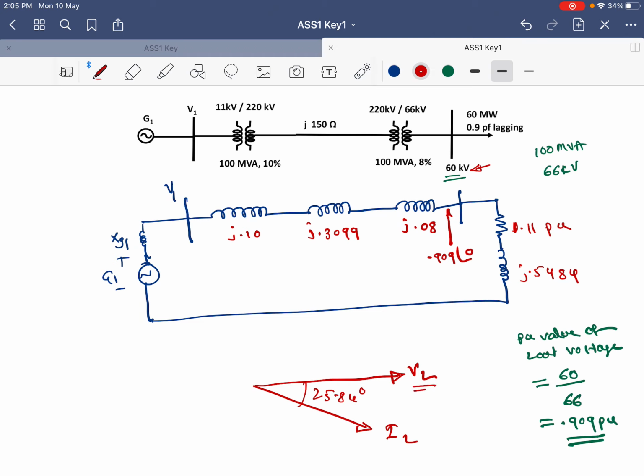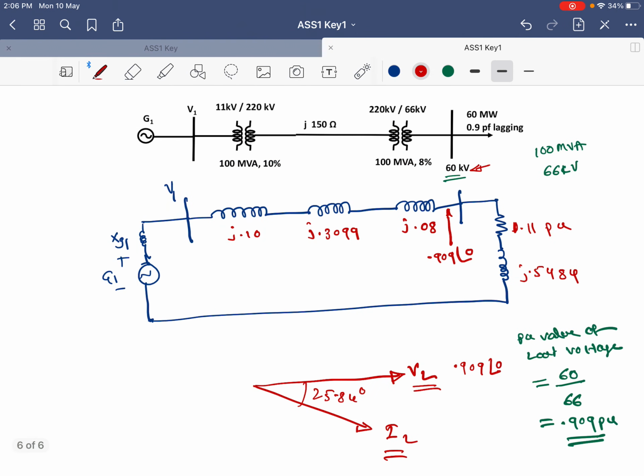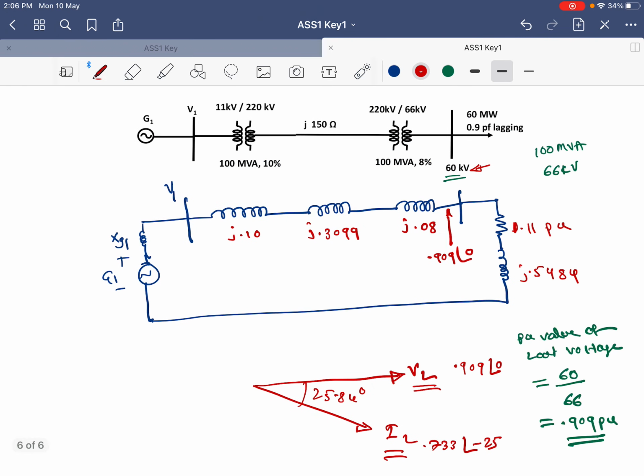Here VL and IL are expressed in per unit values. The voltage 0.909 is taken as reference, therefore its angle is 0, and the current lags this voltage by an angle of 25.84 with a magnitude of 0.733, that is 0.733 at an angle of minus 25.84. That is how you have to represent voltage and current.